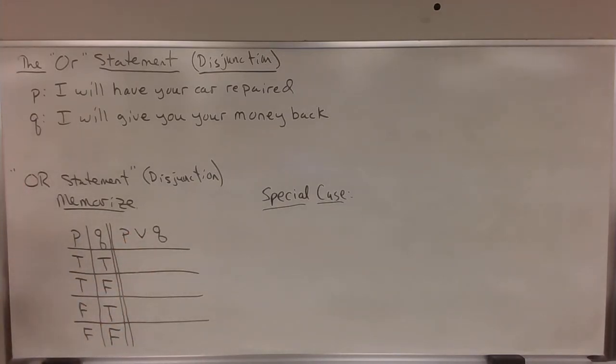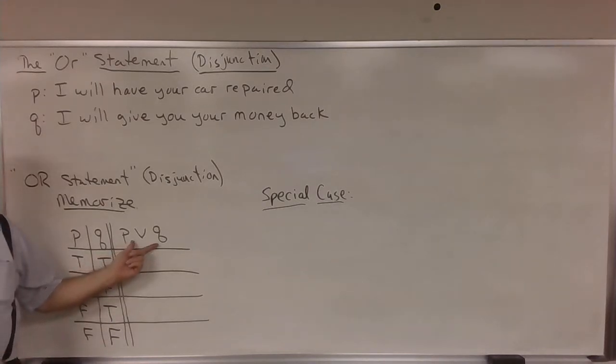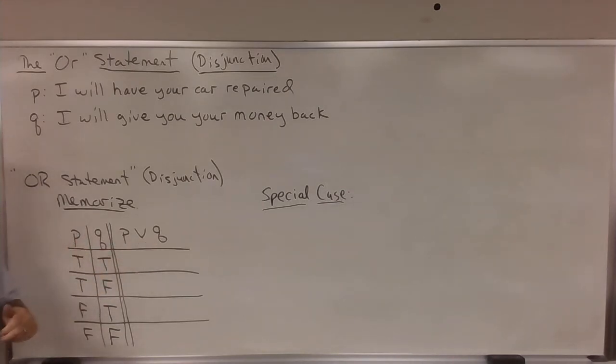This is read P or Q. And an or statement implies that either P is true or Q is true, or perhaps they're both true. That's the sense of it. And I think this is a good illustrative example.